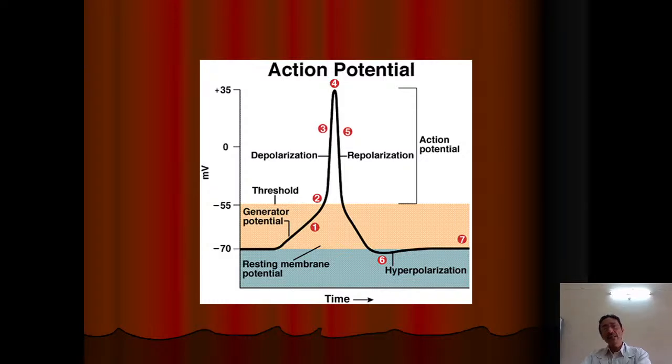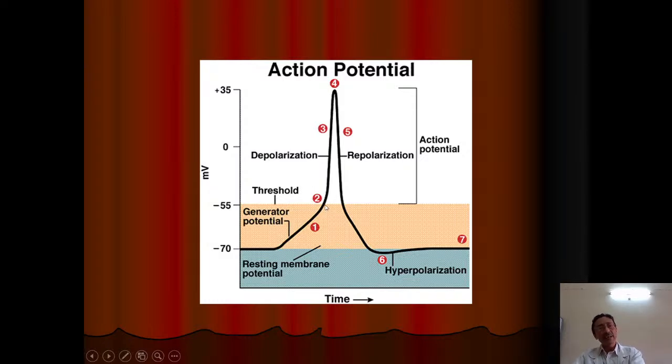When the sodium channels open, sodium ions move from outside to inside, so positive charges are coming in. The membrane potential slowly builds up from minus 70, and as more and more sodium ions come inside, the electronegativity becomes less and less and reaches a potential of around minus 55 millivolts.